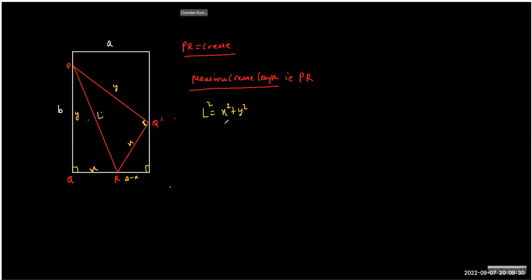So in a way, I am trying to maximize the x square plus y square. And we need to find some other relation between x and y. So can you think of any other relation?